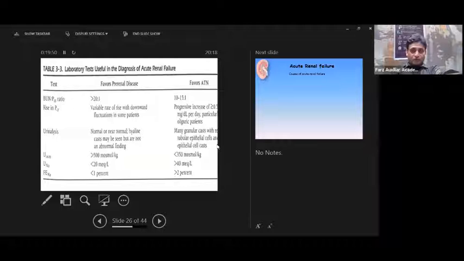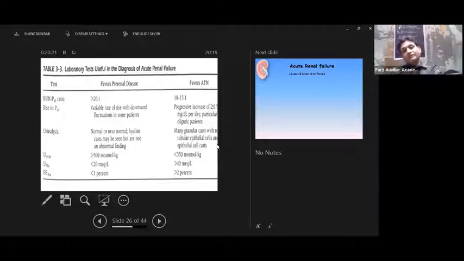So routinely, for this differentiation between prerenal and ATN, we generally do routine tests like urea creatinine ratio. A ratio more than 20 suggests prerenal, less than 20 suggests ATN. But you should see that in many patients in the intensive care unit we are giving steroids, or patients have GI bleed, even patients with acute tubular necrosis.